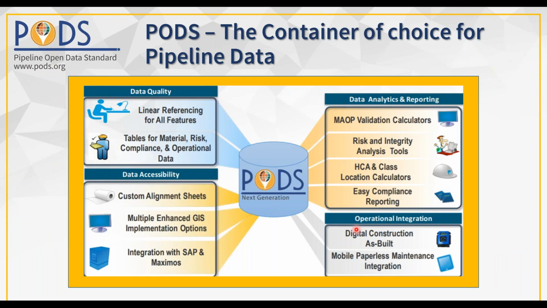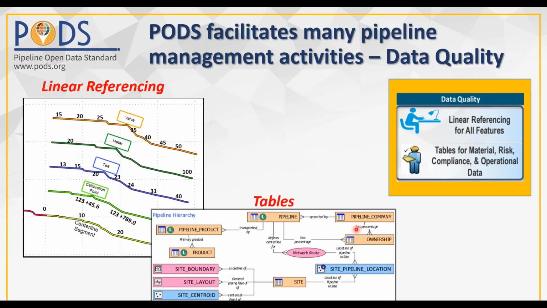So these are four main areas that a PODS data model serves in an organization. And we're going to step through these various applications so you get a really good idea of many of the different activities and services that are performed under these various headings. So let's move on.